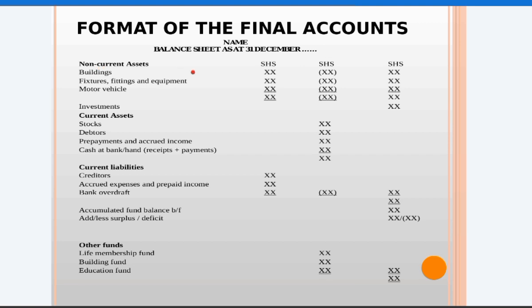But the balance sheet is just like that of profit-making organizations, at least for the first three segments.